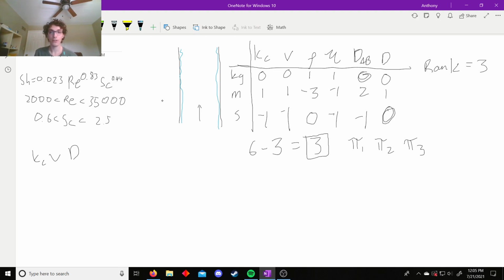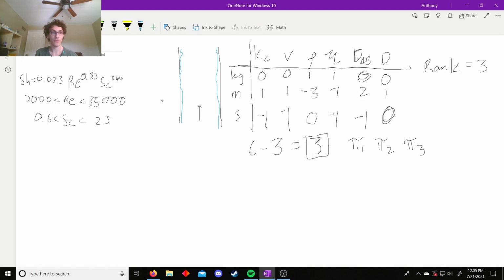But if we look, we see seconds appears once, twice. It doesn't appear in our length. We have meters appearing once, twice, 3 times, but we don't have kilograms appearing at all. So because of that, we actually can't do this.